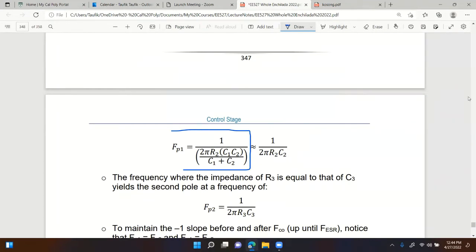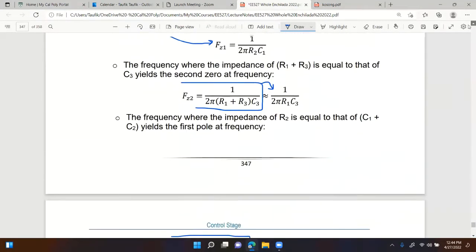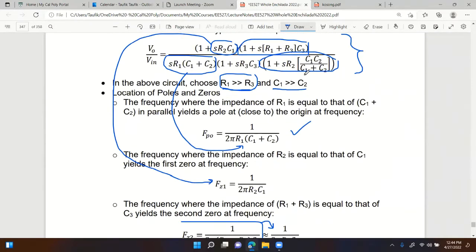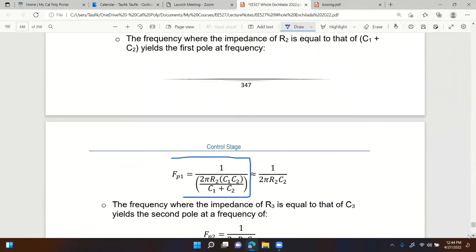Why is that? Because at the beginning, I put the condition that C1 must be much larger than C2. If C1 is much larger than C2, then this would be approximately equal to 1/2 pi R2 C1 C2 divided by C1.